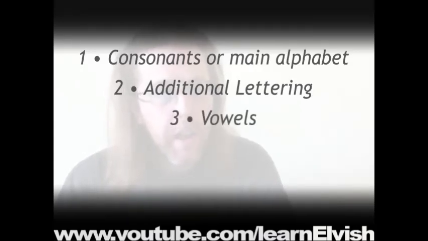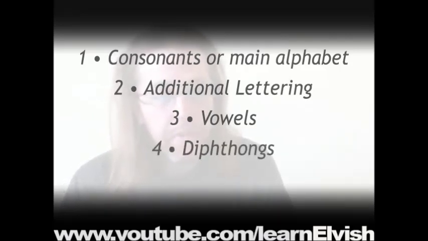Third is the vowels, which are the same as we know in the Latin alphabet, A, E, I, O, U. Then fourth are the diphthongs. I'll explain the term diphthong in just a moment, but for those of you who don't know, a diphthong is 2 vowels pushed together to form one sound, one syllable.